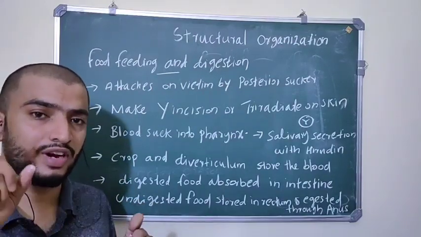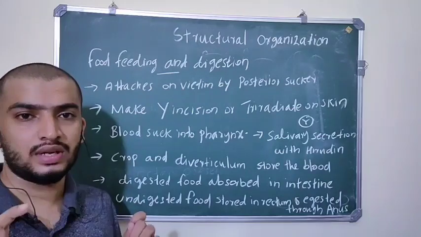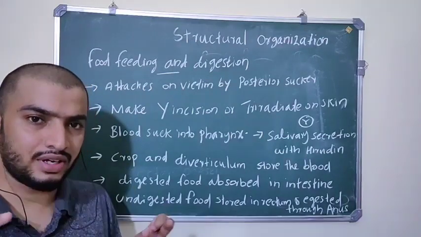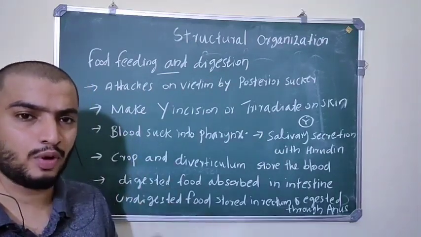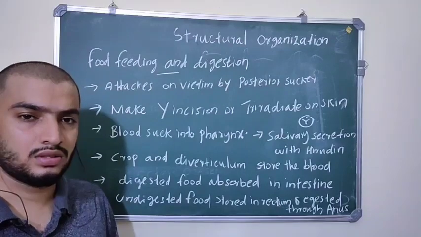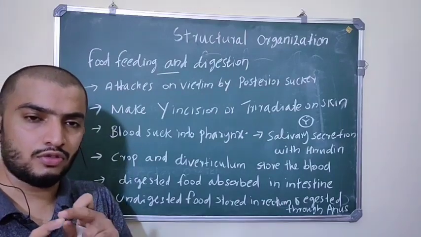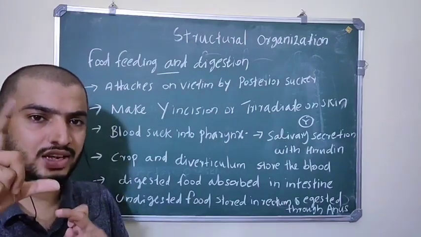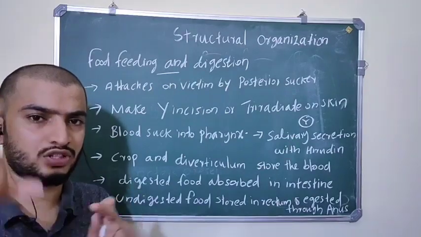The anterior sucker is provided with a mouth, and inside the buccal cavity, on the body wall, they have three jaws. For example, consider this as a leech, this is the anterior sucker, this is the posterior sucker.